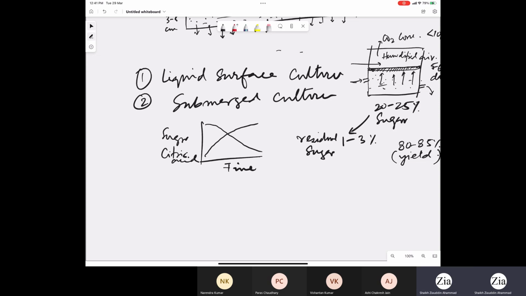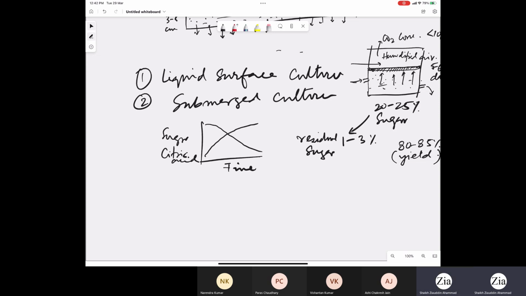And another problem is that if the system is not completely iron free, or if you have a small amount of iron and sodium salts, which can actually favor accumulation of oxalic acids. And also these ions can help the mycelium to synthesize different colored pigments, like yellow pigment or yellow-green pigments.